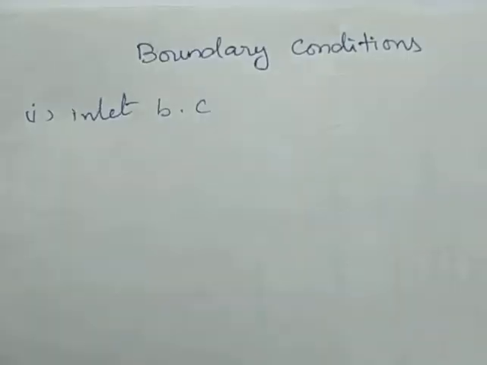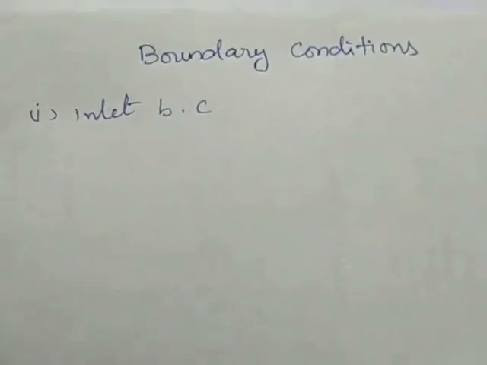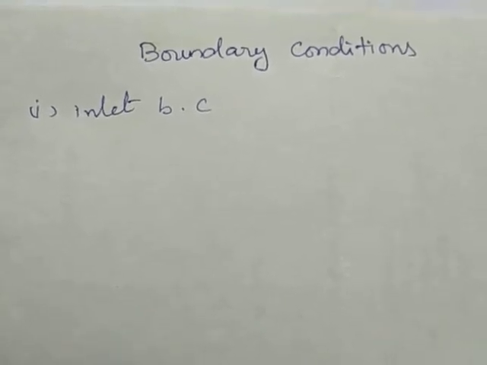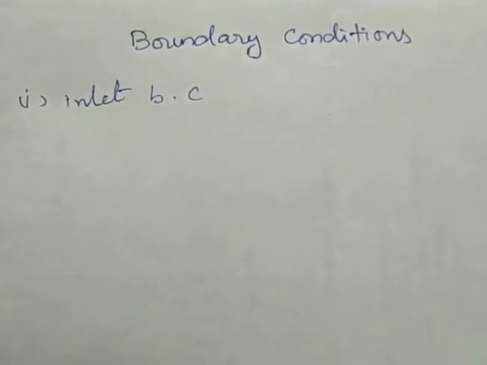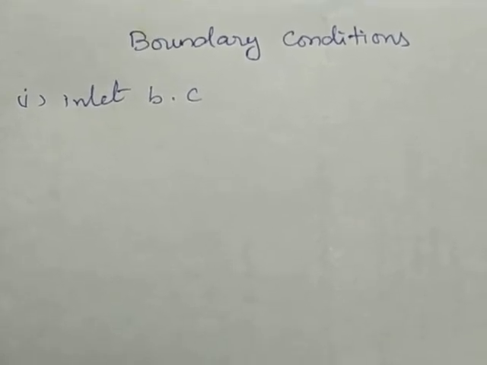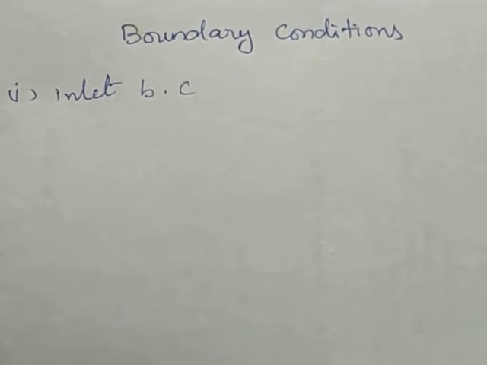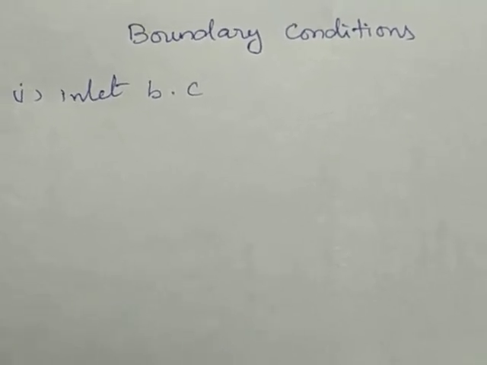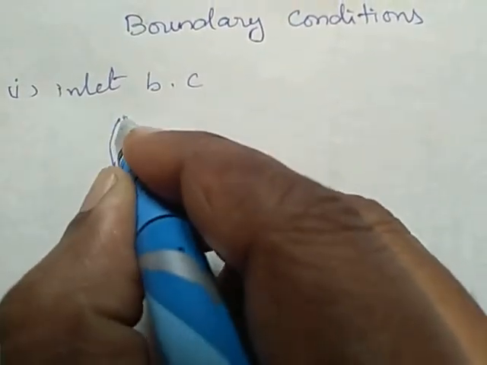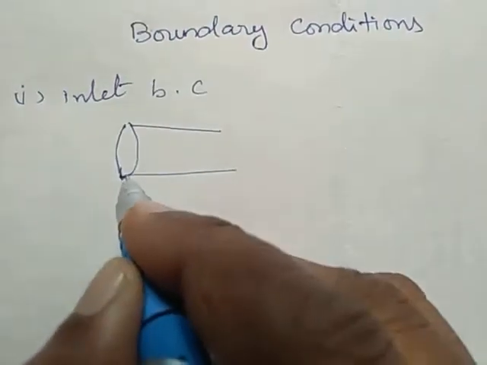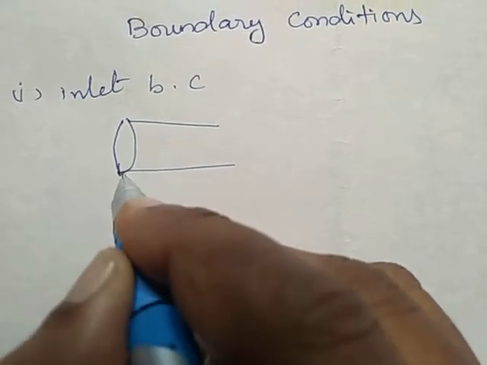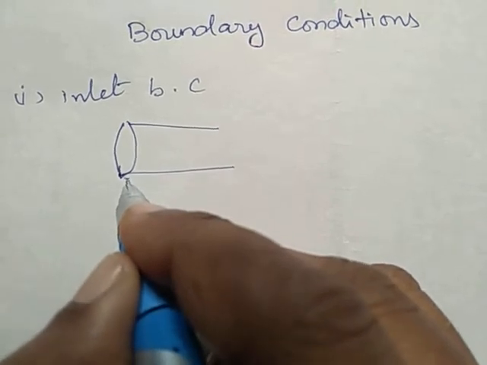Inlet boundary condition. So what is inlet boundary condition? If the distribution of the flow variables is specified at the inlet boundary, like velocity, temperature, etc., then those types of boundary conditions are known as inlet boundary condition. Suppose we consider a fluid flow, and at this point the fluid starts to flow.